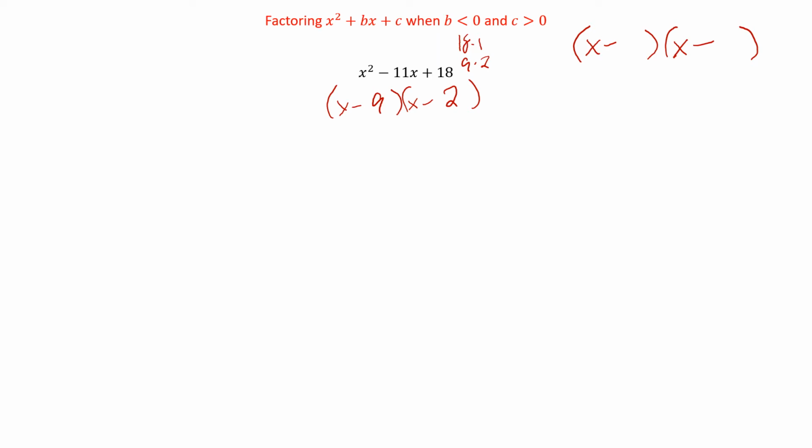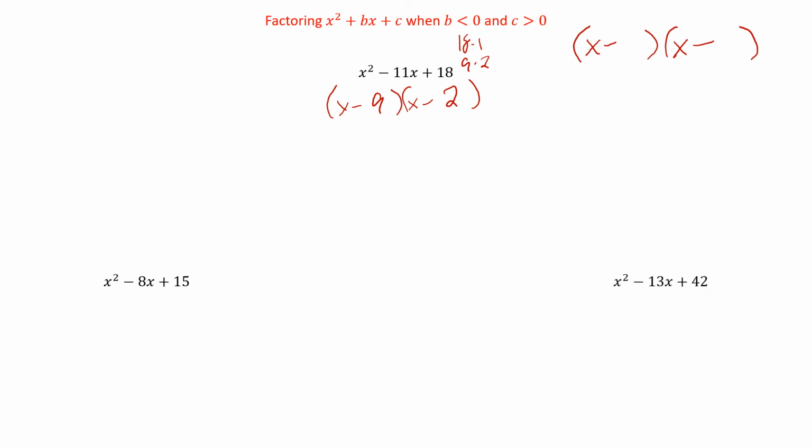Before, when it was all positive, we had x plus something, x plus something. So again, the numbers were still multiplying to get that last number and adding to get the number with the x.